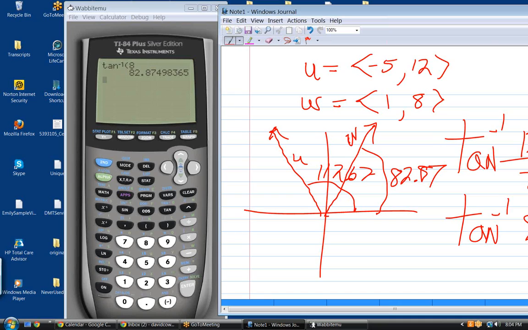No, you got it. That's correct. Now, that's an easier way to do it, I think, than the way they would do it in the book. They would have you doing dot products and magnitudes and all kinds of stuff. Completely unnecessary.